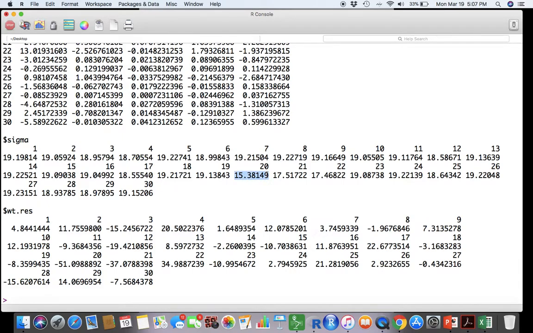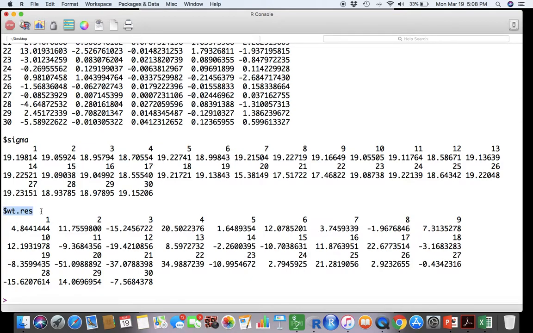It does look like case number 20 drops, the variation decreases quite a bit. So that may be something in your write-up that you would want to point out. I wouldn't throw the baby out with the bathwater here and delete case number 20, but I would want to report that the residual standard error does decrease when that case would be deleted.